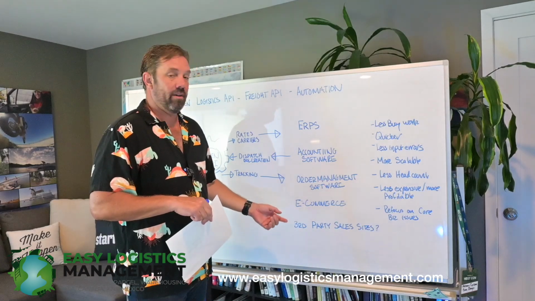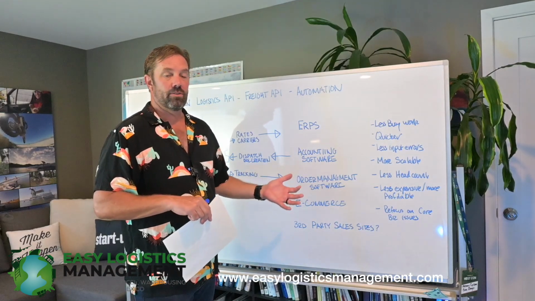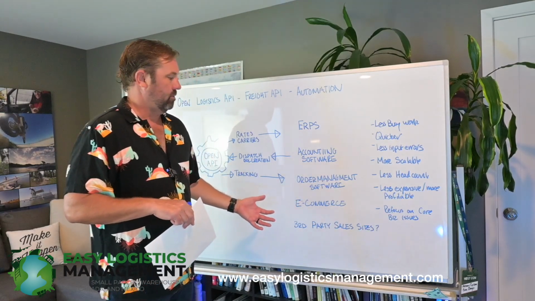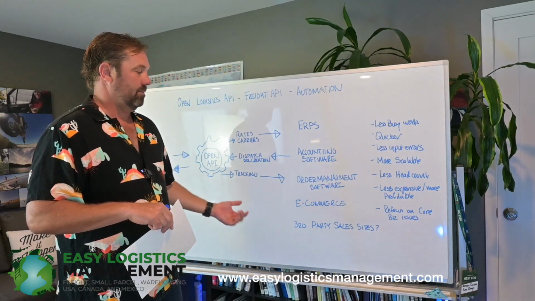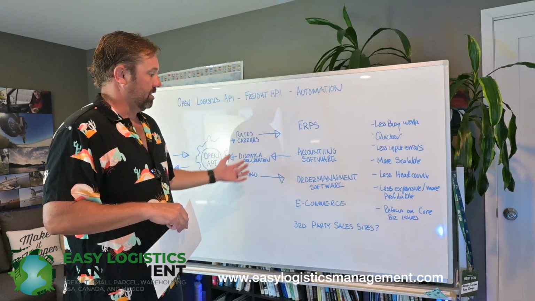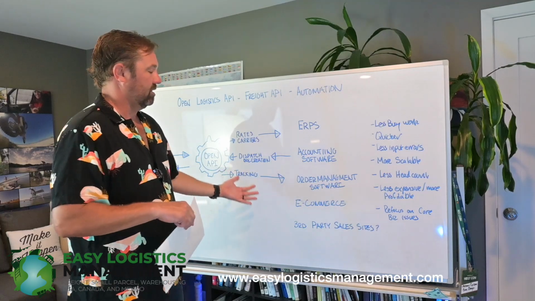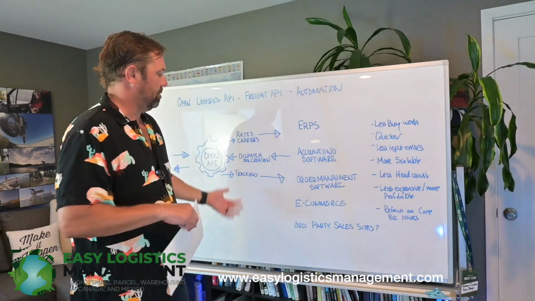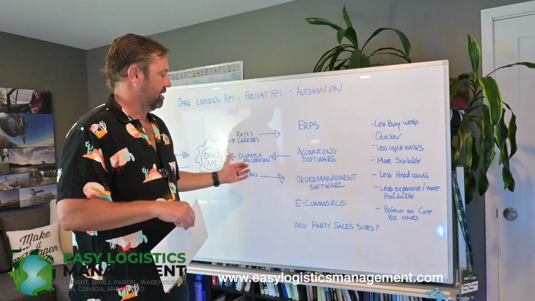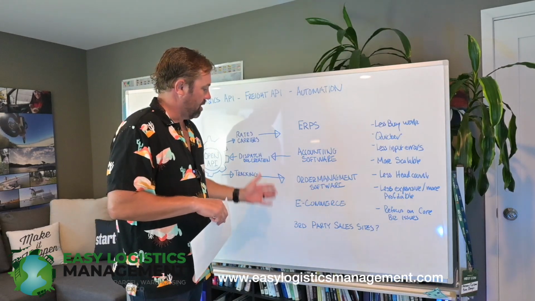E-commerce systems, we do have fixed APIs for a lot of the major e-commerce platforms, but if you have a custom e-commerce solution or something that's not one of the major platforms, if it can talk API, we can use our open API to connect our carriers and our discounted rates to that and automate this process.